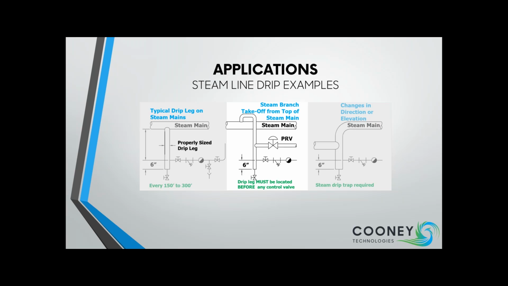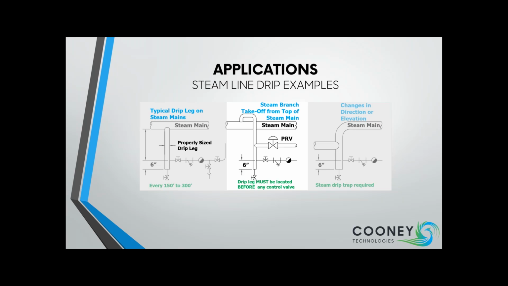The steam trap takeoff is properly installed in this example. The drip leg is the same diameter as the takeoff, which is good. Note that the PRV takeoff is located above the steam drip trap to ensure delivery of dry, saturated steam. Just remember that every steam control valve must have a drip leg with a trap located directly preceding it.